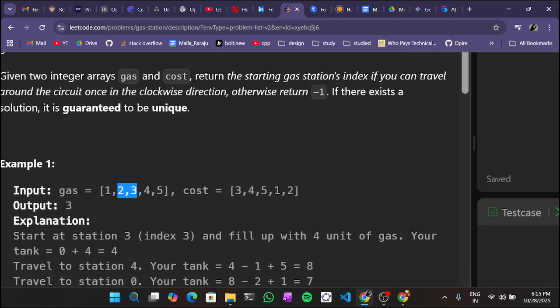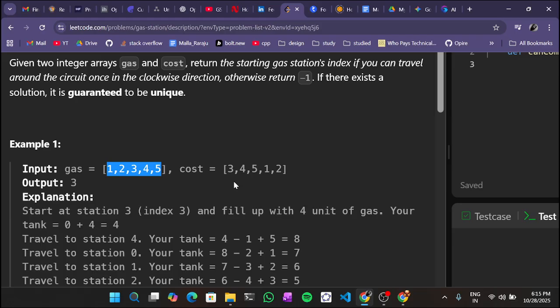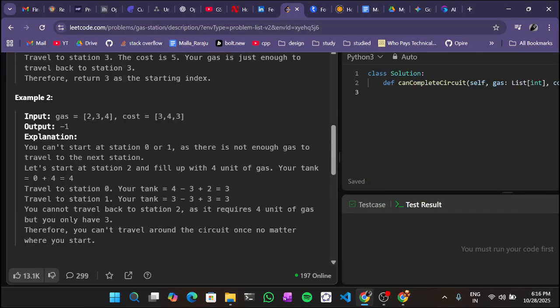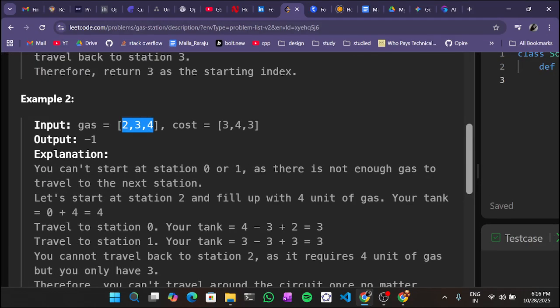What if we do the cumulative addition? 1, 3, 6, 10, and 15. So if we start at 2, we'll have 2 in our tank.